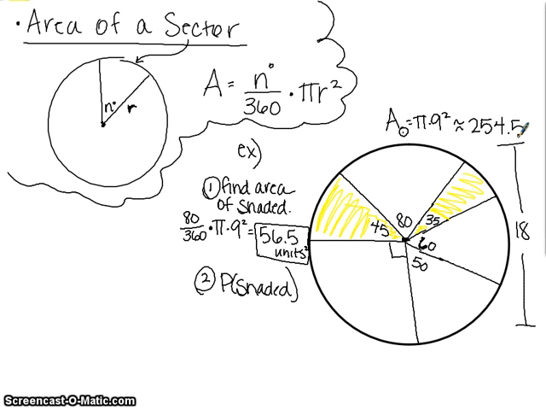Okay, now we can use that to figure out the probability. So 56.5, that's the shaded, over 254.5, that's the total. So if we take 56.5 divided by 254.5, we end up with about 0.22 or 22%.